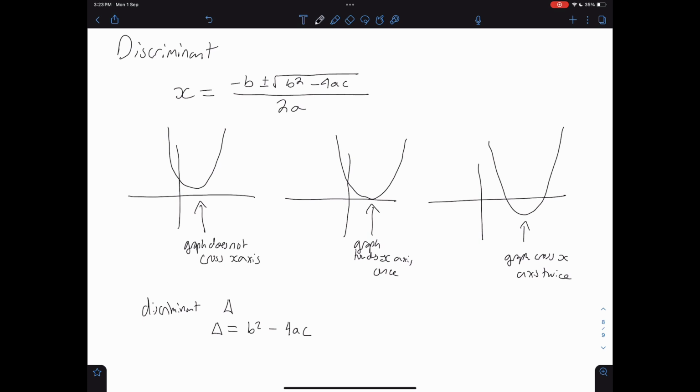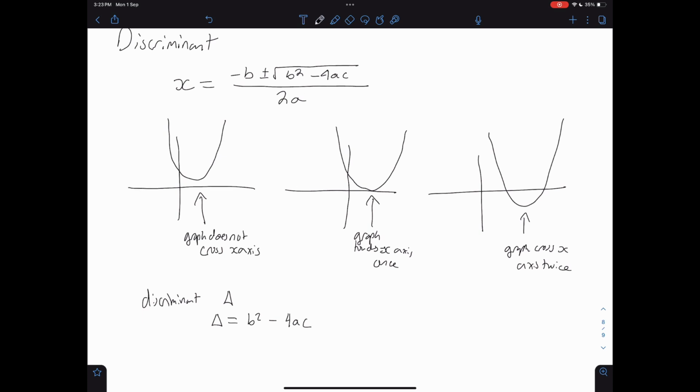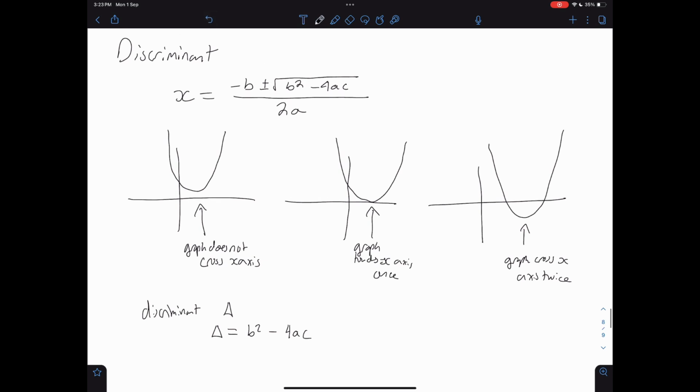Now, why? What is it about the discriminant that could give you these 3 different scenarios? It's all to do with this plus or minus, for example. Say you got b squared minus 4ac equals 16.